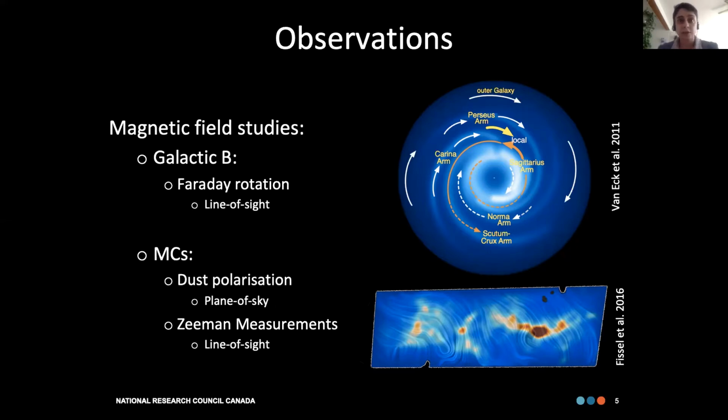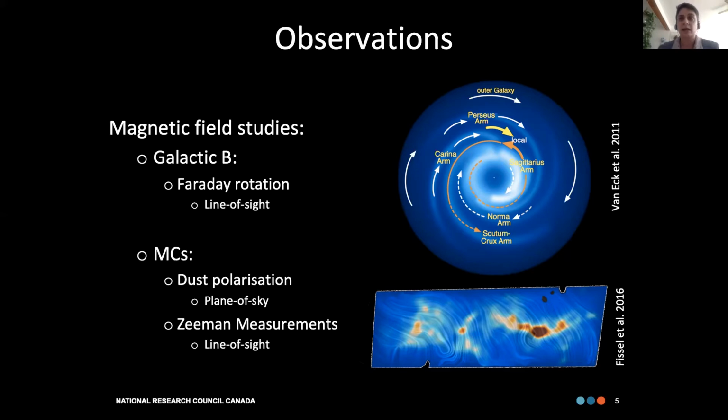In the molecular clouds, both dust polarization and Zeeman measurements have been very successful in terms of mapping the magnetic fields in molecular clouds. Dust polarization is the same technique that we talked about, and is due to the alignment of dust particles perpendicular to the magnetic field of the region.